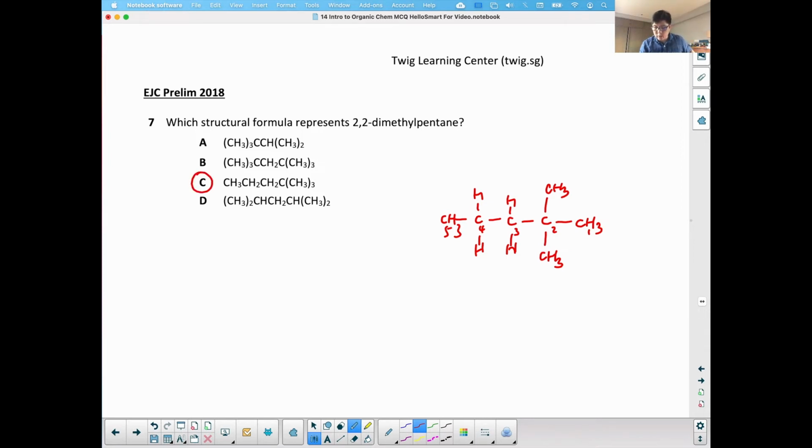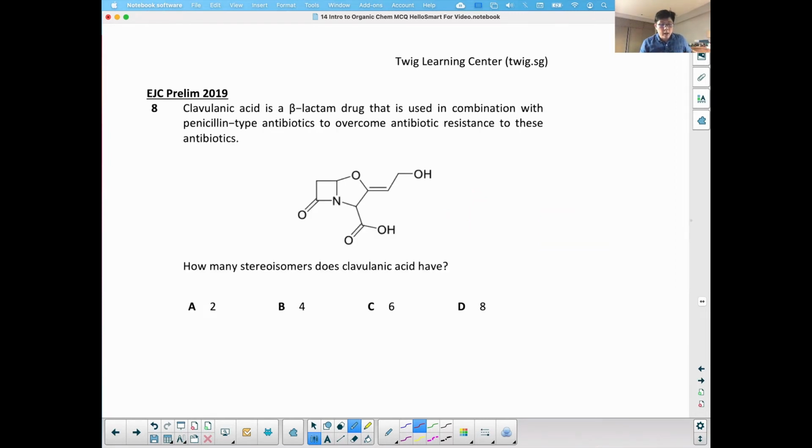Okay, let's look at the next question. Okay, clavulanic acid is a beta-lactam drug that's used in combination with penicillin antibiotics to overcome antibiotic resistance. All right, how many stereoisomers are there? So stereoisomers, again, you're going to look out for C=C double bonds, cis trans, as well as chiral center.